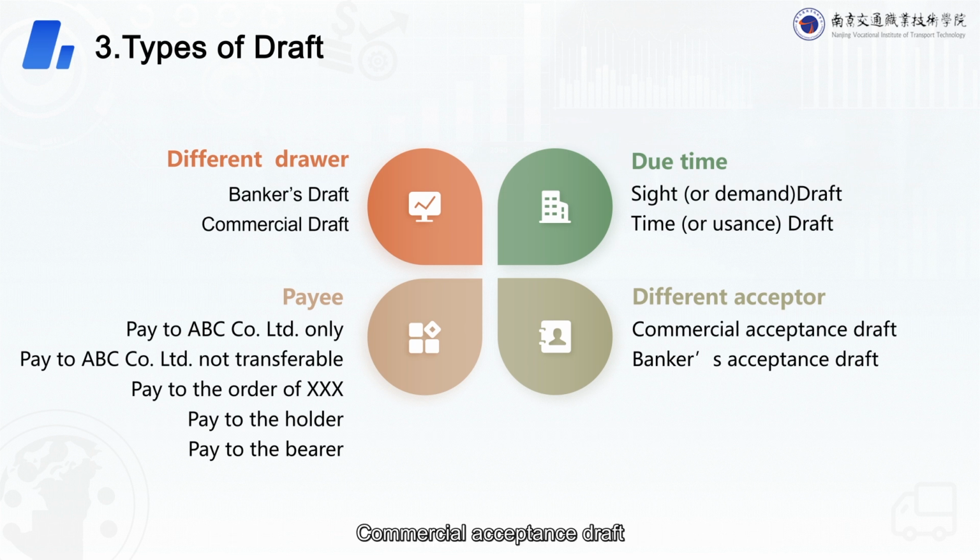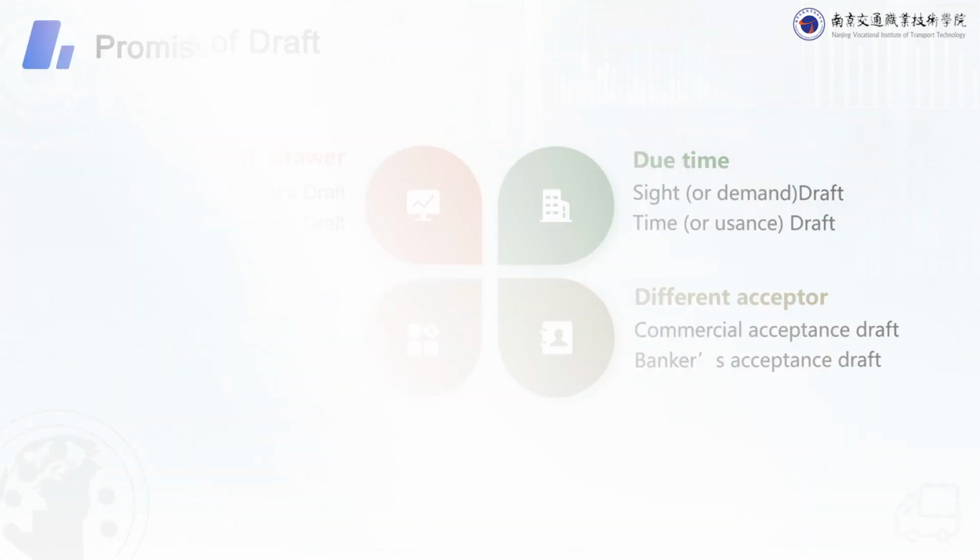Commercial acceptance draft is a time draft with an enterprise or individual as acceptor, relying on commercial credit. Banker's acceptance draft is a time draft with the bank as the acceptor, relying on the bank's credit.